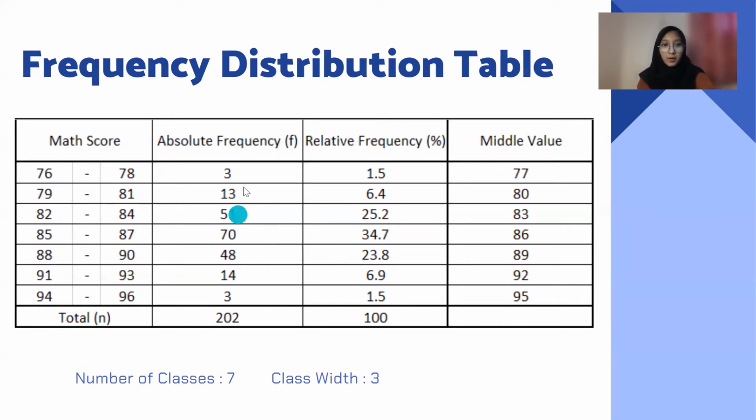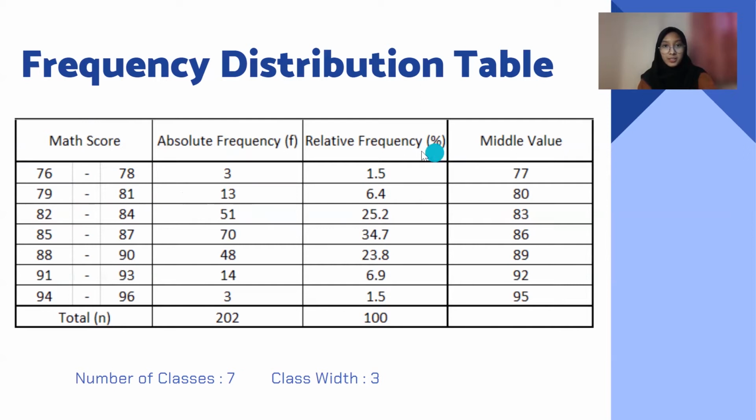This is the absolute frequency. We find the frequency for each interval from the data that we have. The frequency for interval 76 until 78 is 3. The frequency for 79 until 81 is 13, and so on. And if we sum all the frequencies, the total will be 202, which is the same as the amount of our data.